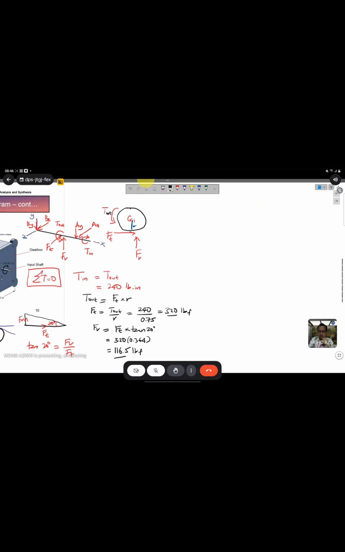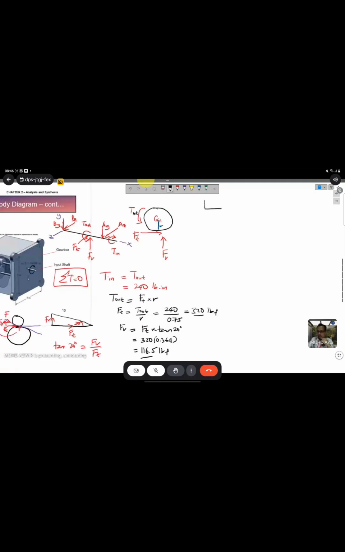So let's say if I look on the y-x axis, the shape will look like this, y-x, and the force acting on the y and x axis is By. Then on the y-axis here we have Fr, and then we have Ay.